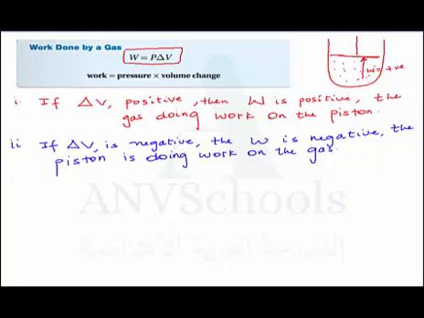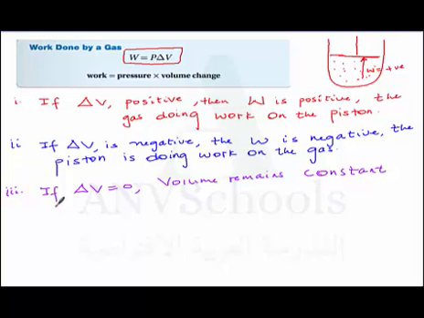And the third case is if the volume remains the same, if the volume doesn't change. If the change in volume is zero, that is, the volume remains constant. That means no work is done.